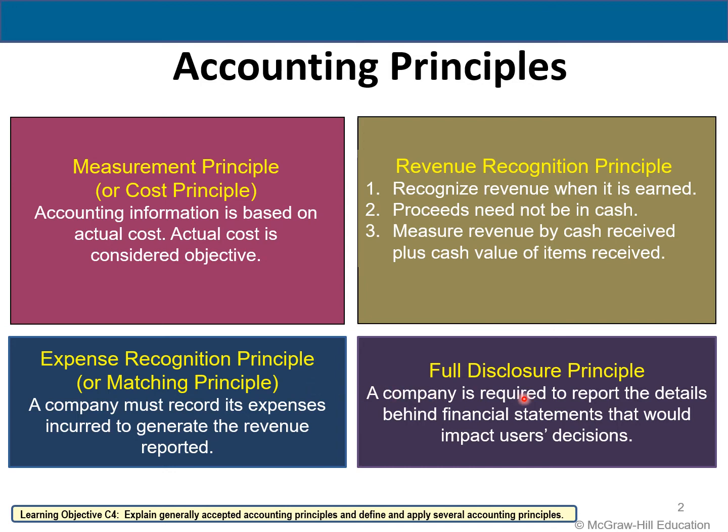And so the next principle is full disclosure. I'll put up a set of financial statements in class. If we look at financial statements, we'll see that there are 4 basic documents, and actually they're usually relatively simple. It's an income statement, balance sheet, statement of owner's equity, and the statement of cash flows.